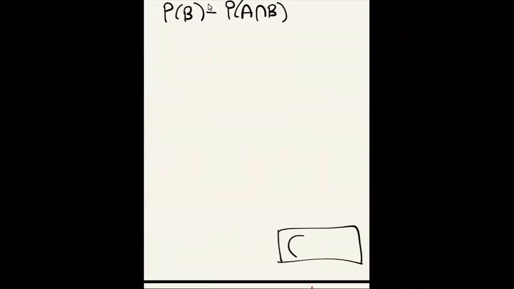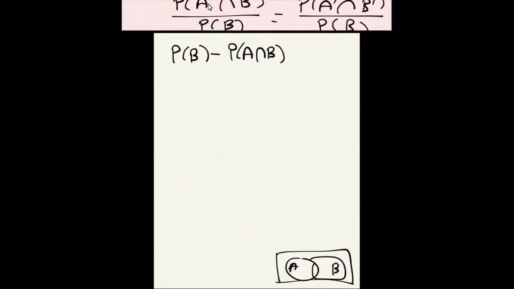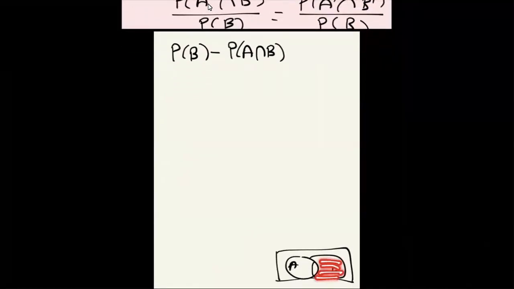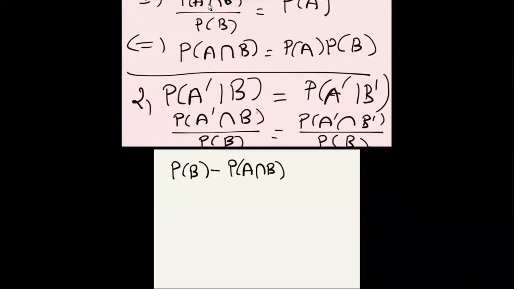Because let's say you have two events A and B. Then A complement intersecting B is this part. And you calculate that part by taking the whole circle, which is B, and subtracting the intersection, which is probability of A intersect with B. So that's why this numerator can be rewritten as this one.